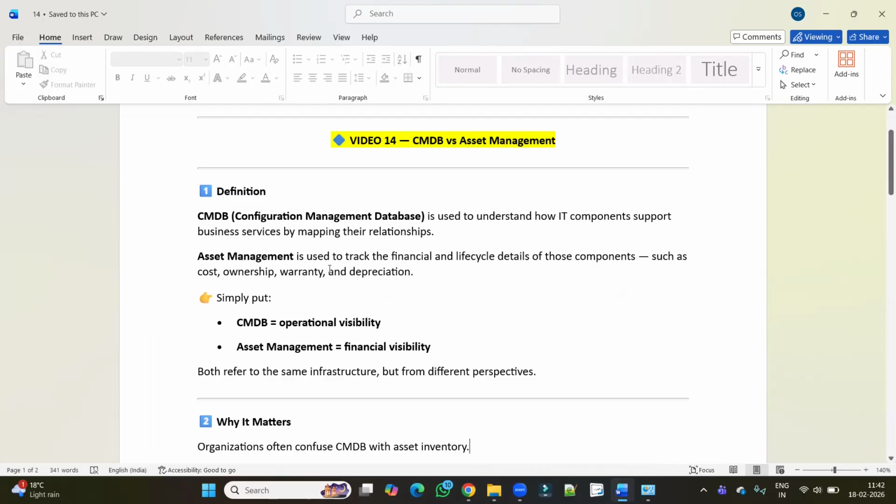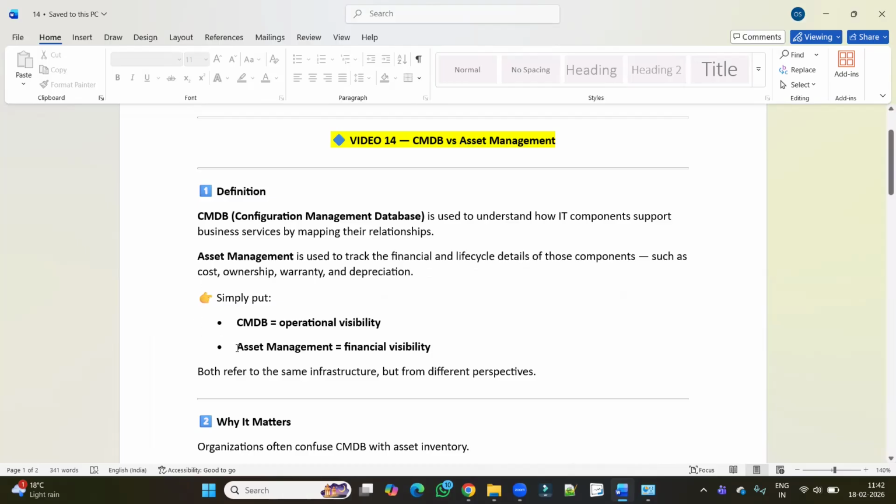Whereas asset management is used to track the financial and lifecycle details of those components. So for the same CIs, in asset management, we are capturing some different information, and that information is based on financial and lifecycle detail. Here we are tracking financial and lifecycle details, such as cost, ownership, warranty, and depreciation. Whereas in CMDB, we are capturing the operational details, the configurational details.